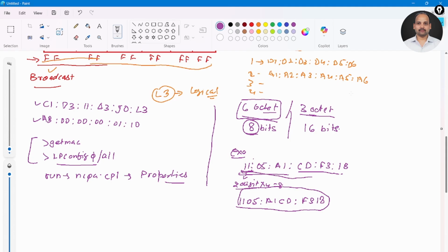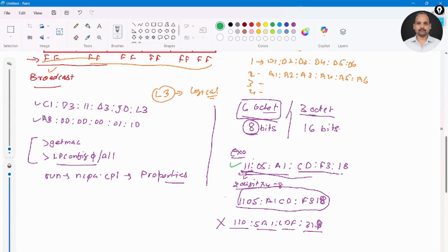You can't write it like 11 05 A1 CD F3 18 or B in one run. You can't write your MAC address like that, because it is not valid. So which one is valid?